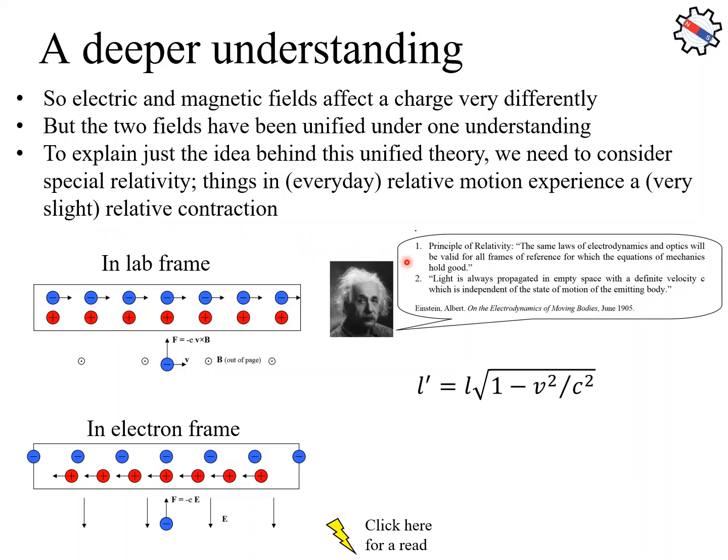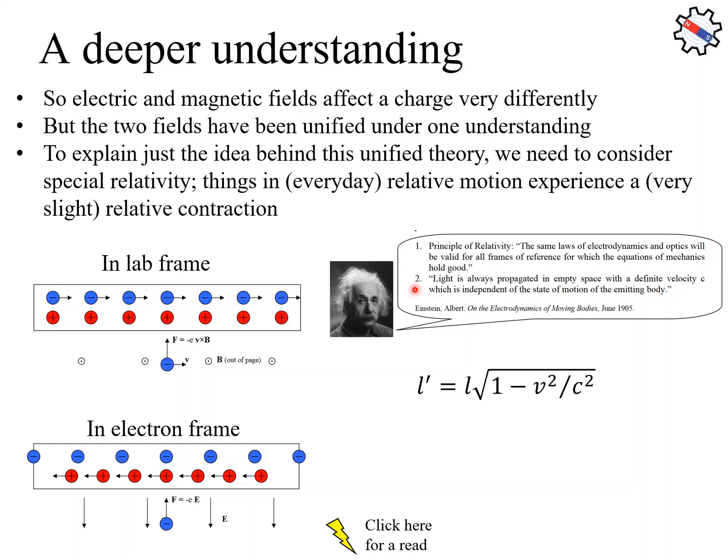Let's consider the postulates that Einstein laid down. And he said that experiment in any inertial frame results in the same observables. So if you do an experiment on a train or on a stationary lab, you're going to get the same results of what you see. He also said that light has the same speed in all directions in any frame of reference.